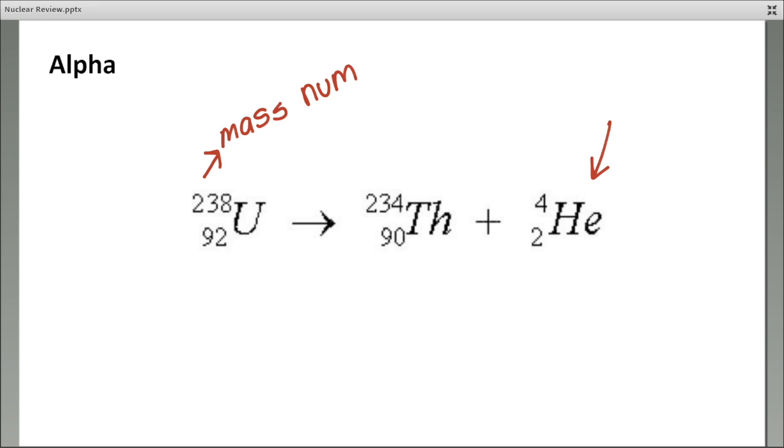Now, I did see on this test that you don't actually have to do any math or any short answer questions on this nuclear test. So that's good if you're not a short answer person, but not so much if you prefer the short answer to the multiple choice. All of these top numbers are called the mass number, and this bottom is the atomic number.